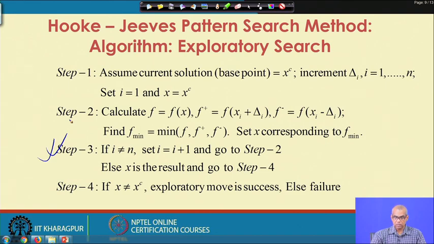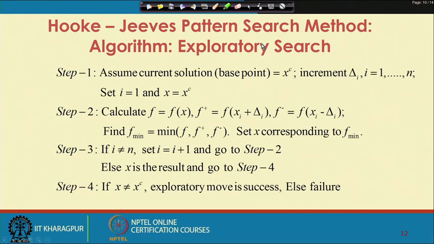Otherwise, if I equals n, we have perturbed all the variables, and we check whether the current x that is obtained is different from the original x or not. If x is not equal to x c, the exploratory move is a success, otherwise it is a failure. So, this is the algorithm for the exploratory search.